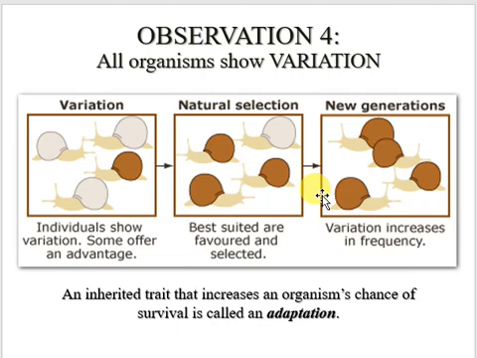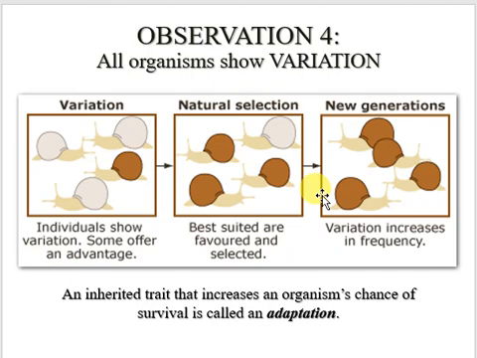Now, the one major source that operates in generating the variation that natural selection acts on comes from mutations, right? So when we talk about mutations, they occur independently of an organism's need, right?